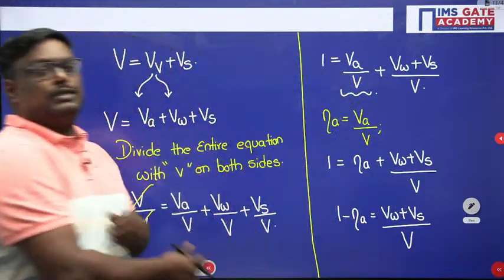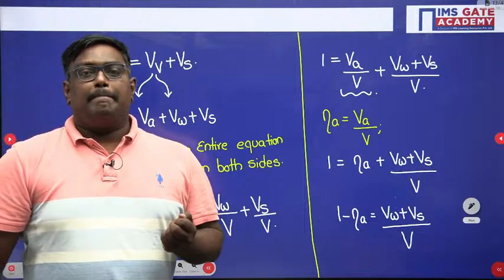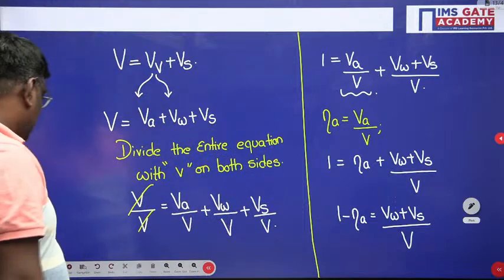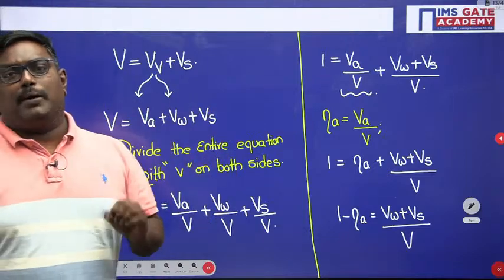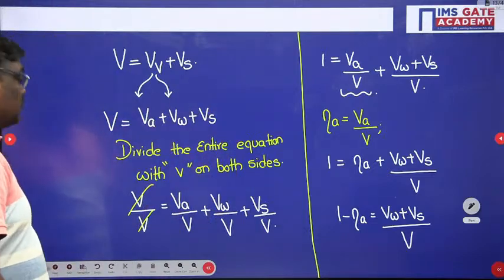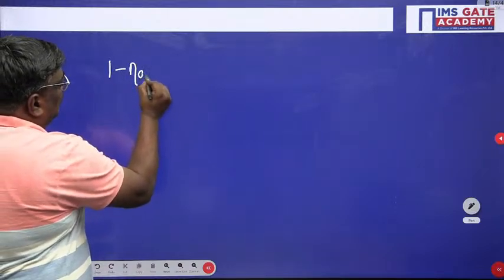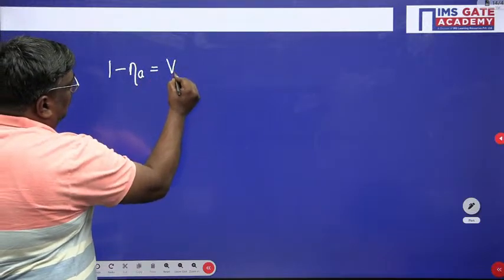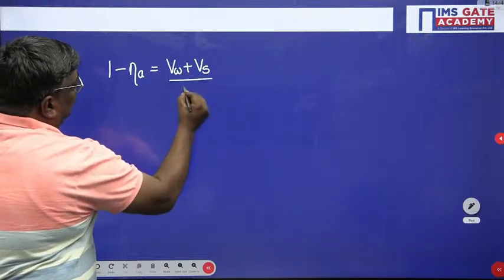Please go through this. Any doubts or any queries you can ask me here. My dear students, let us go into the next step. Sir, if you have any queries, please let me know in the chat box. So here, my dear students, I can say 1 minus Na is equal to volume of water plus volume of solids upon total volume.